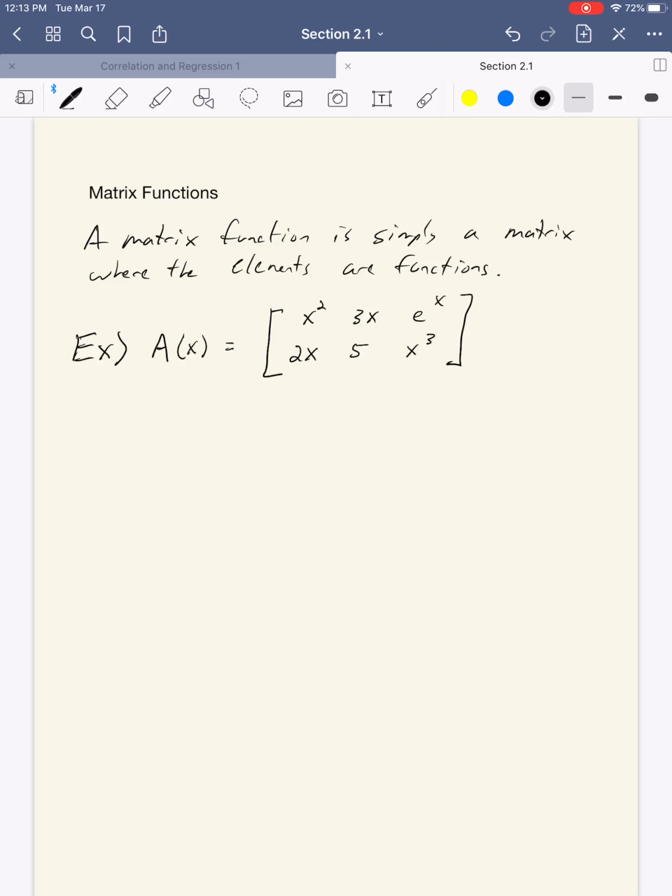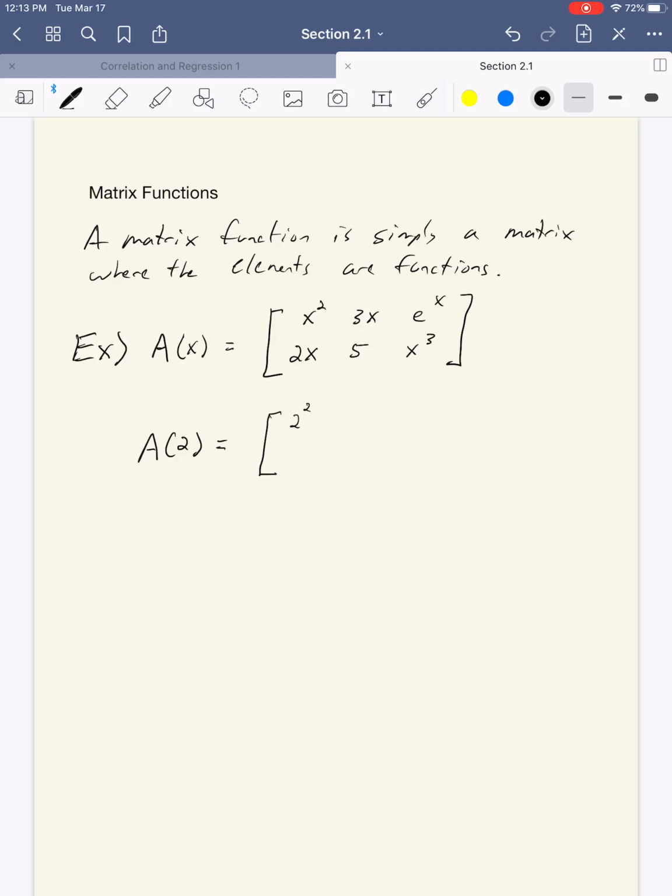Now, of course, you could have matrix functions where all the functions are multivariate or something like that. We're not going to really encounter that, so we'll mostly think about matrix functions of single variables, but that's all a matrix function actually is. Of course, if you were to evaluate it, if you talk about something like A of 2, that would then become a standard matrix where all these elements are evaluated at 2.